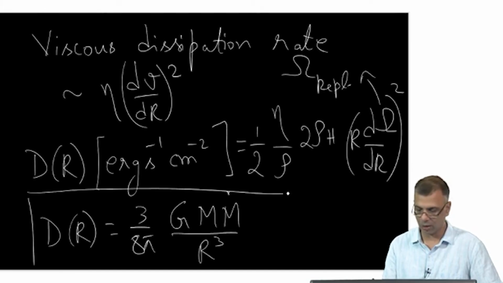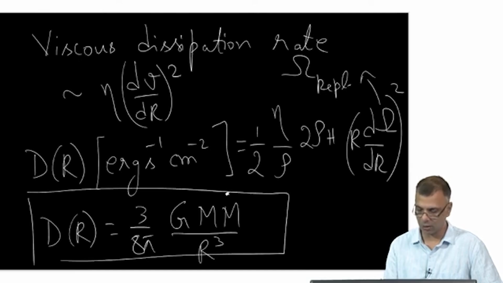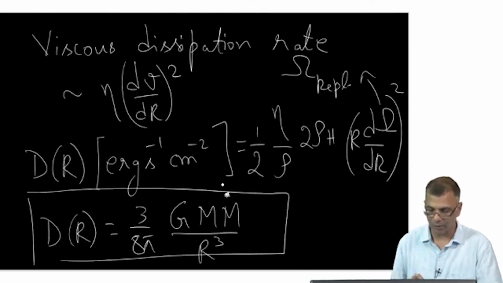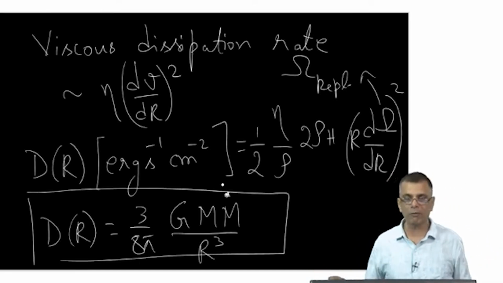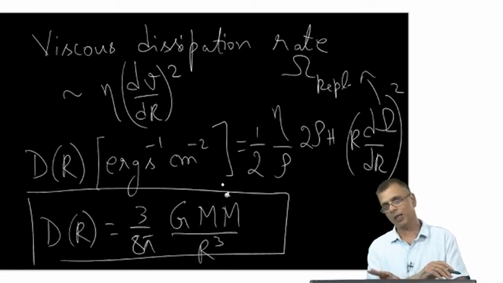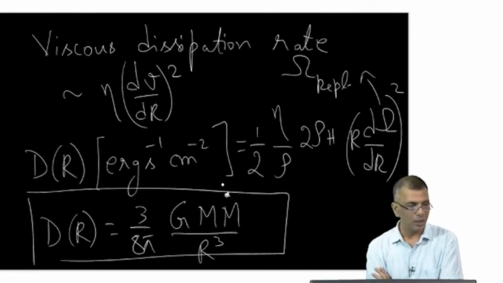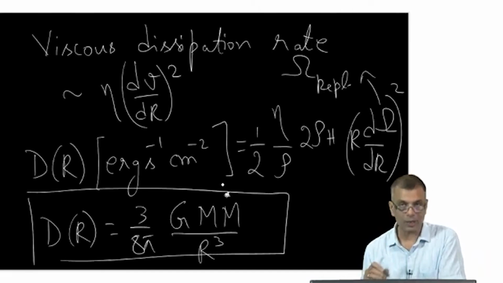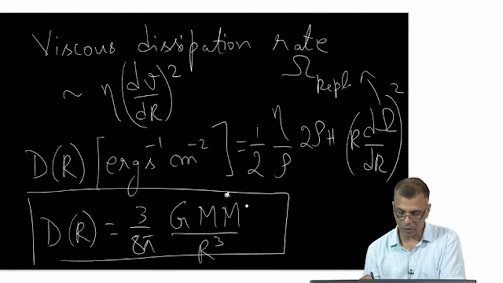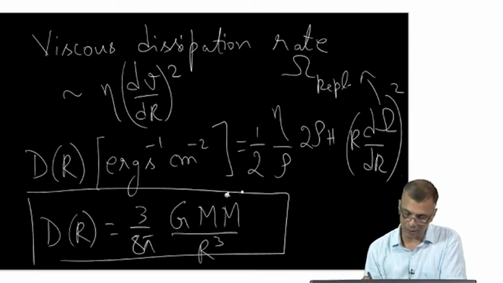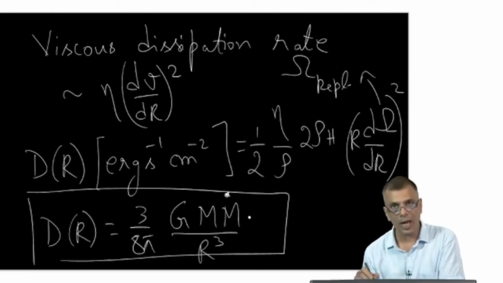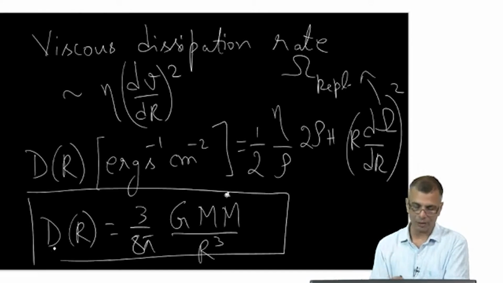This is a very nice expression. Nice because it does not depend upon the microphysics. This expression does not depend upon the microphysics of the viscosity at all. You give me a certain black hole or a certain compact object with this mass, which is sucking in matter at a certain rate m dot, and at a particular radius.